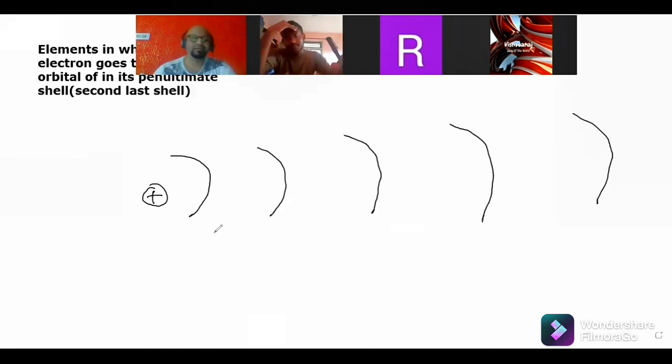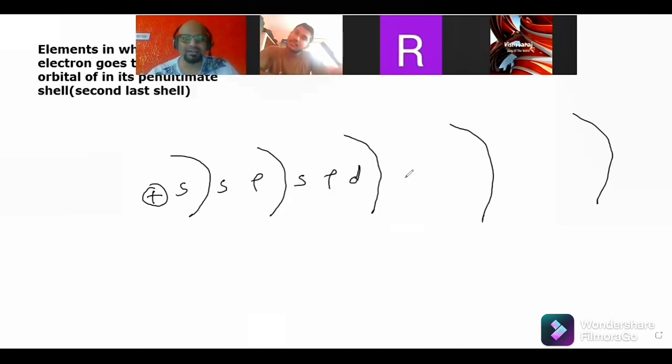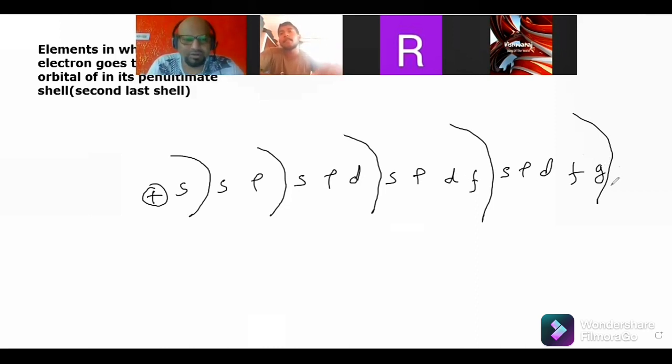It will go on like that. In the first shell, you will find S, then it will be SP, then SPD, then SPDF, then SPDFG. G is hypothetically possible, practically it is not required.